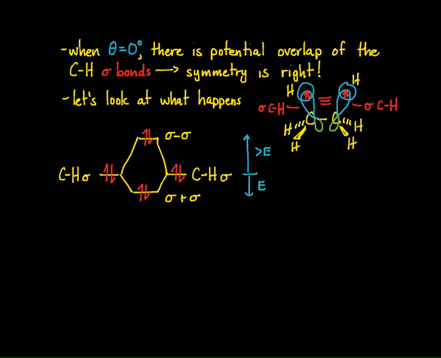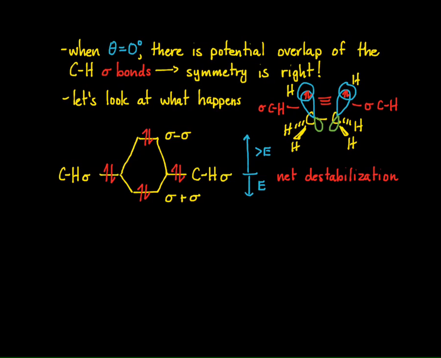The net effect is that the destabilization energy is greater than the stabilization energy. And so we have a net destabilization when you have 2 bonds that are eclipsed with one another. And we often call this the dihedral strain.